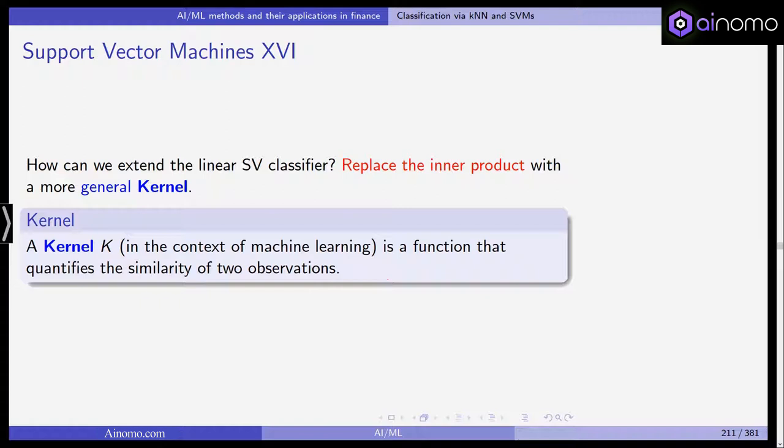Here, a kernel is a function that quantifies the similarity of two observations. So we have two observations, x1 and x2, and a kernel is a function that in some way measures the similarity. It could also be the distance between those two points, and this is what we call a kernel.